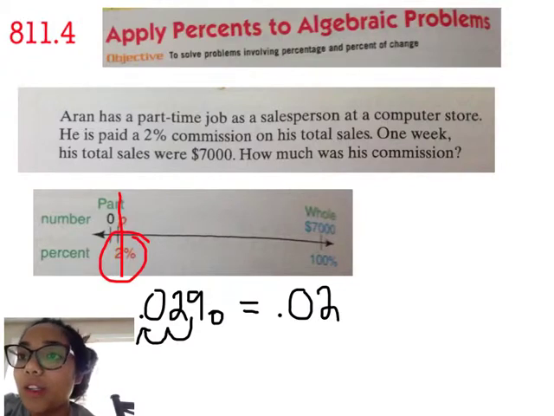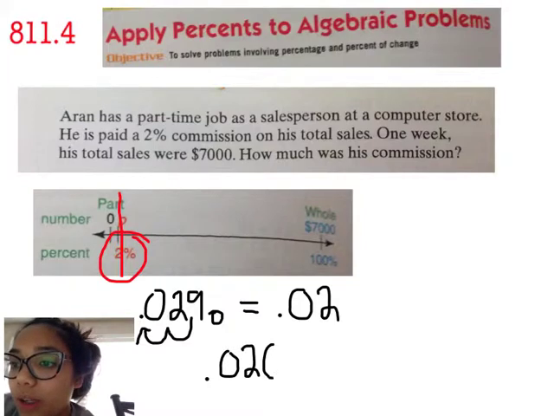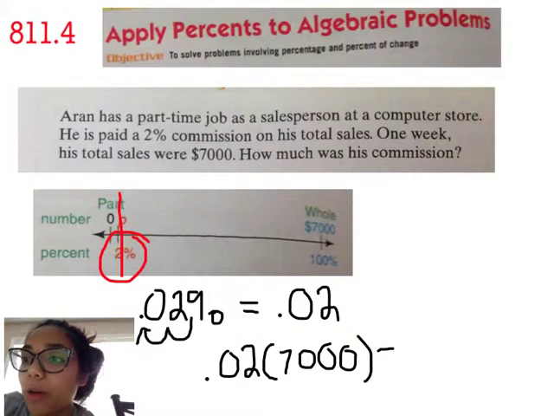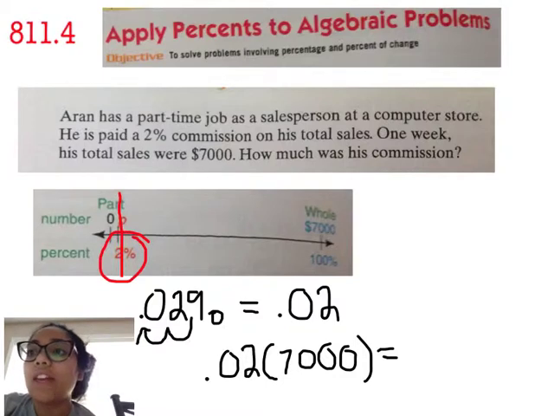Then I multiply 2 hundredths times 7,000 to get 2% of that number, because of means you're multiplying. So you're finding 2% of 7,000. Even though it doesn't say the word of in your word problem, it's about understanding, comprehension. So 2% of 7,000 means that he made $140.